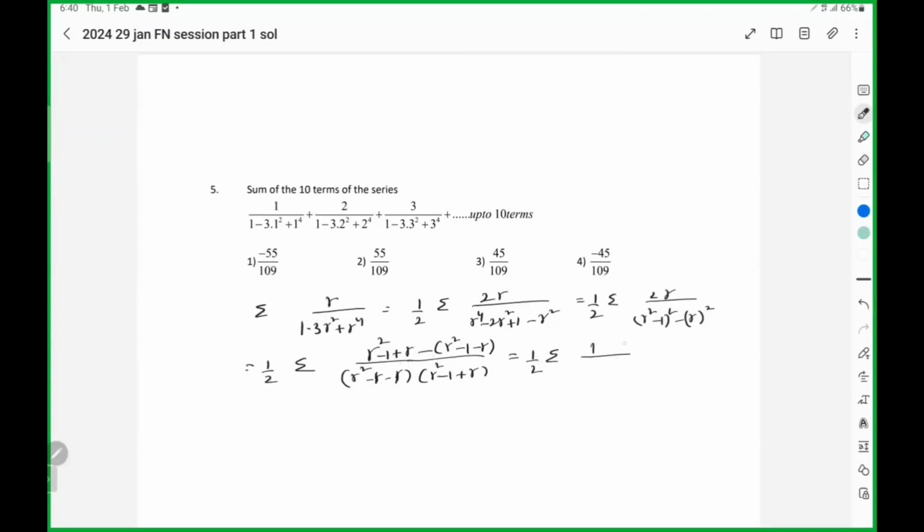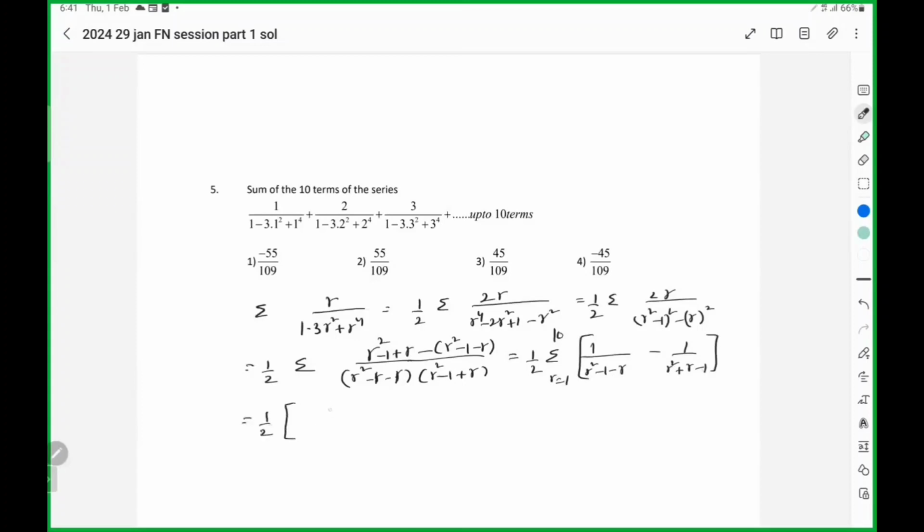So here you get r² − r − 1. This by this gets cancelled. After that, this gets cancelled. r² + r − 1, r runs from 1 to 10, because we were told 10 terms.